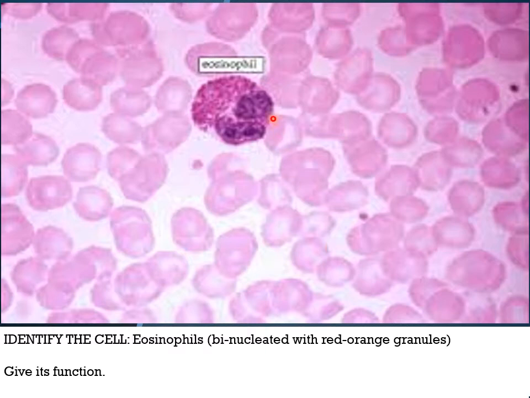Next naman tayo. Ano ang shape ng nucleus? Is it circular, slight indentation, kidney shape, horseshoe shape, or segmented? Okay? In this picture, segmented ang itsura. Kasi halos naghihiwalay na yung nucleus, forming a bilobe nucleus. Next, anong kulay ng granules?